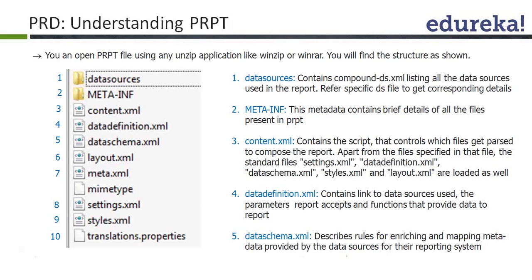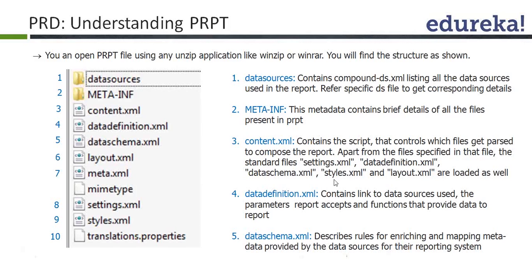Then there is content.xml, which contains the script. If you added the script, it will be embedded here in content, which will get parsed at runtime. Apart from that, I think Somesh, I believe you were looking for this as well. At runtime, when you save it, internally this is how it is aggregating the data, and at runtime it is linking the data. So this content again is linking the data.